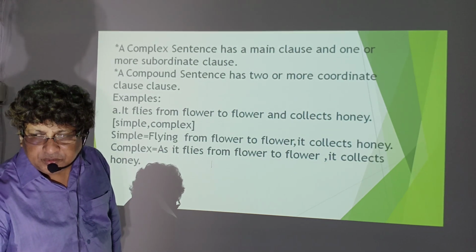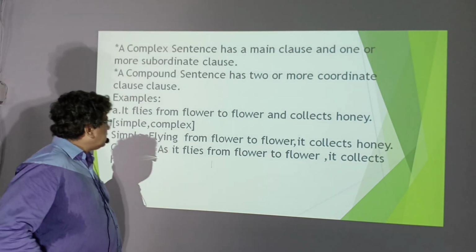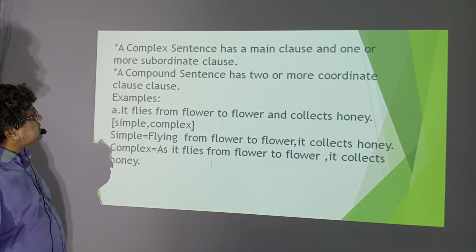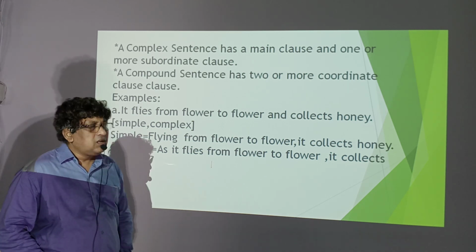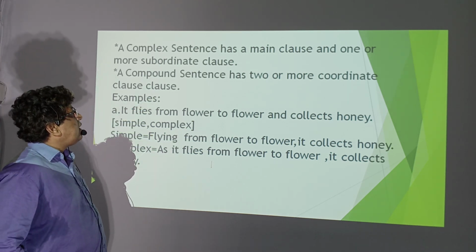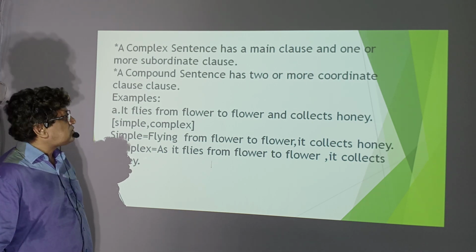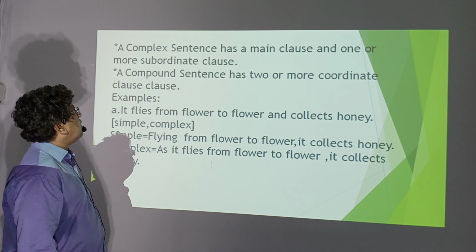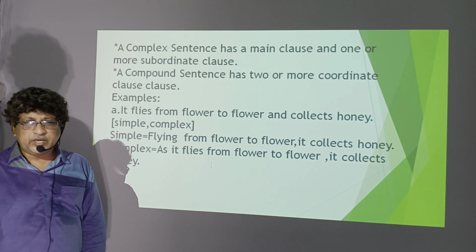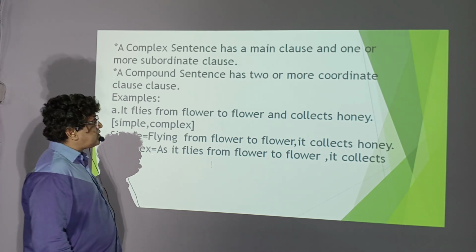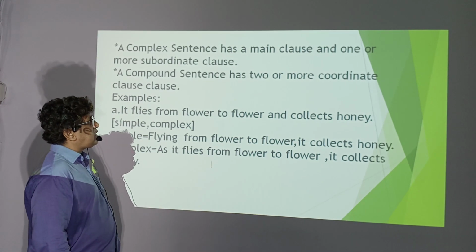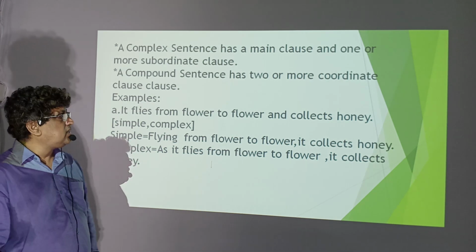Now we will move to the second one, the complex sentence. A complex sentence has a main clause and one or more subordinate clause. Subordinate clause is a dependent clause which depends on the main clause or the principal clause in order to make its meaning clear.